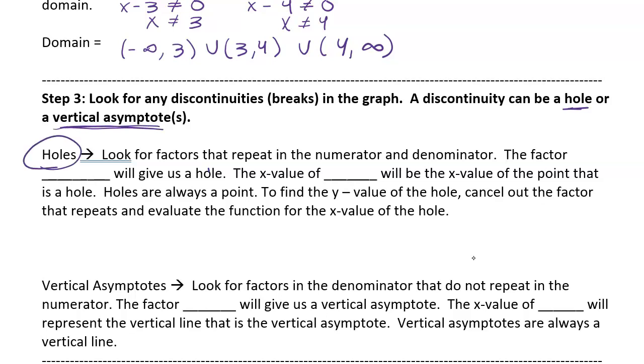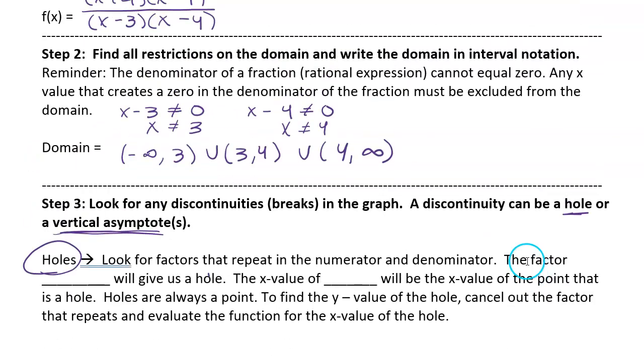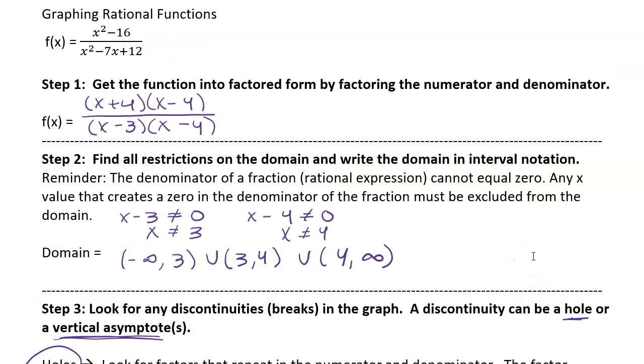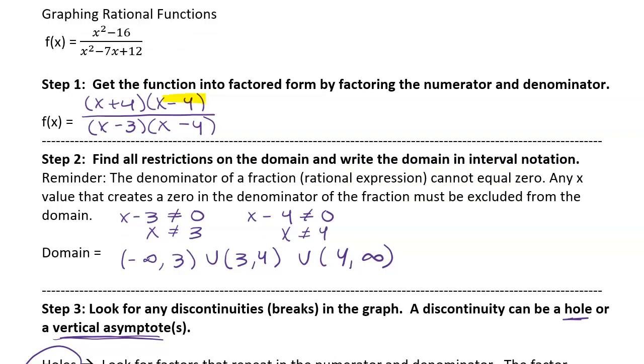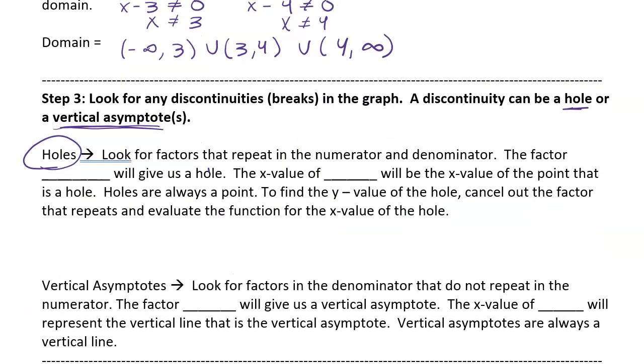For this first part here with the holes, we want to look for factors that repeat in the numerator and the denominator. Okay, so if we go back up here and we look at our function, we can see that we have a factor in the top of x minus 4, and that matches a factor in the bottom of x minus 4. So that factor is repeating in the top and the bottom.